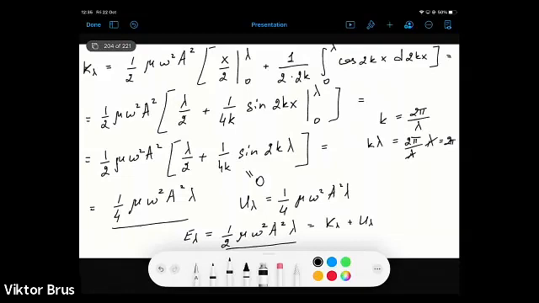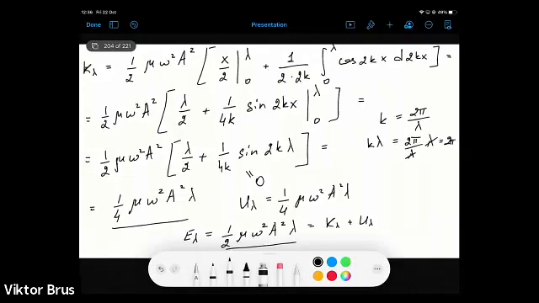That's why, for instance, if we have some interface between two strings, and we create some wave or pulse in the same string, then it is transferred to the interface.